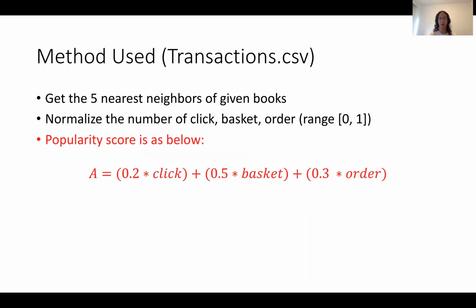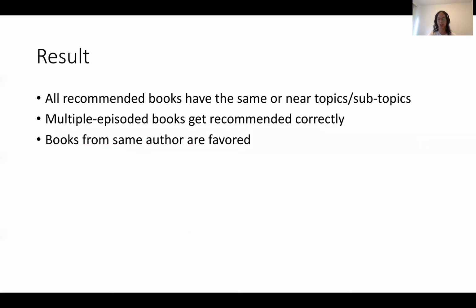Here, the score for basket is highest since we assume that in the evaluation process, users only need to see the books and click on them, but not actually order them and pay for the book. Our results indicate that all recommended books have the same or near topics and subtopics, which is right. Multiple-episode books get recommended correctly, and books from the same author are favored more than other books.